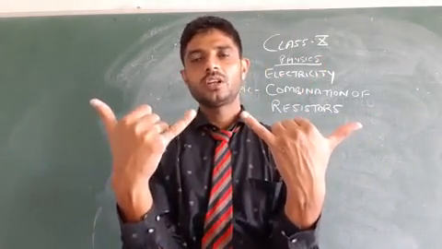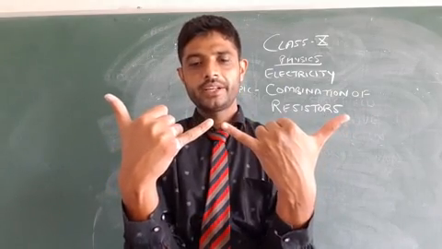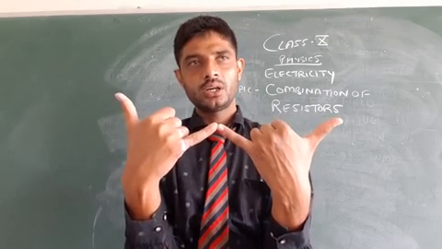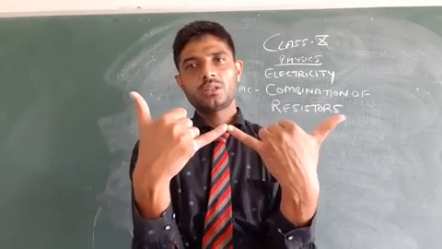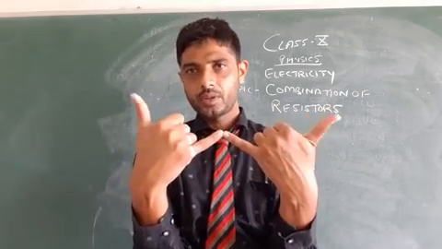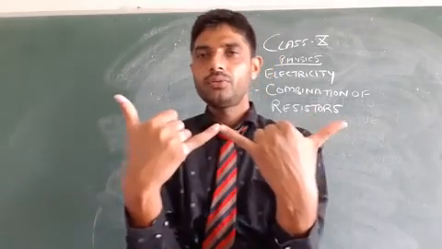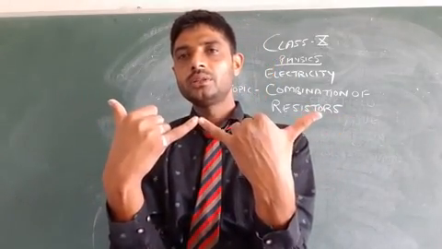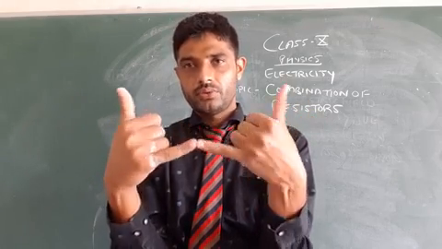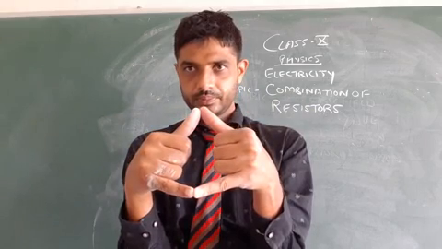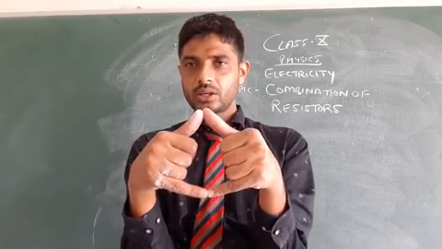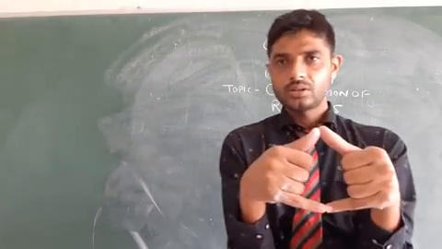If these two resistors combine like this, it means the fingers are connected, but the thumbs are free, and we can join another resistor there. We can't join like this. In this case, the resistors make a closed loop.